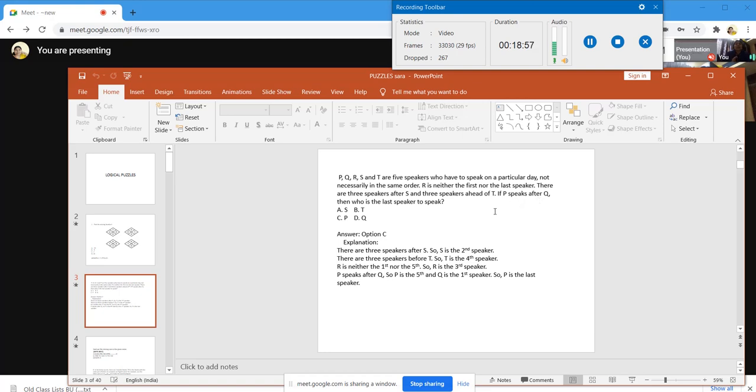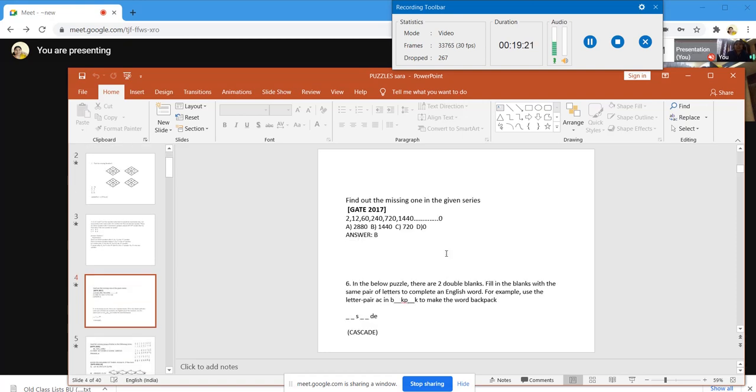As well as in between they have given R is neither the first nor the last, so R definitely will be the 3rd speaker, because we have already concluded 2nd and 4th. And with the final clue, if P speaks after Q, P will be in the 5th place and Q in the first place. So P is the last speaker. So we have to think over it and find out.